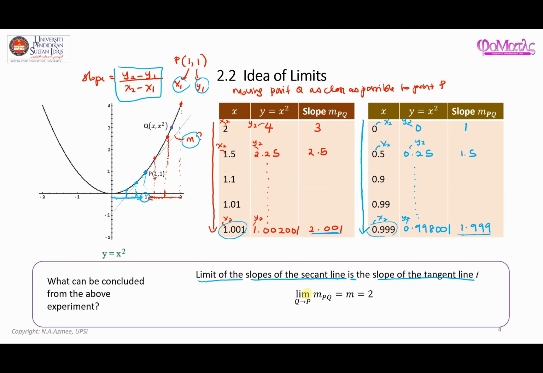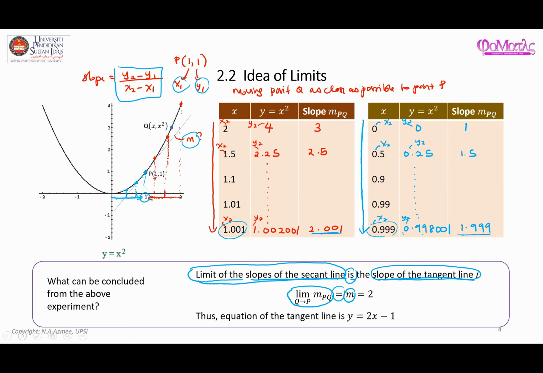This is basically saying that the limit of the slopes of the secant line, as Q approaches P, is, so this is the symbol for is, the slope of the tangent line T, which we have already given a name, which is equal to M. And based on the results from both tables here, we can safely guess that the slope of the tangent line must be equal to 2.